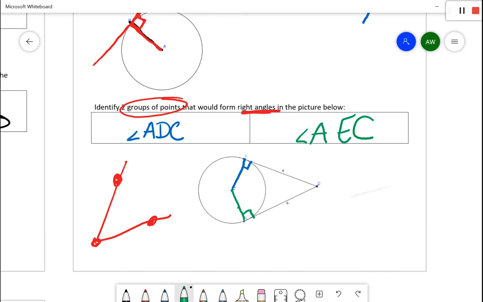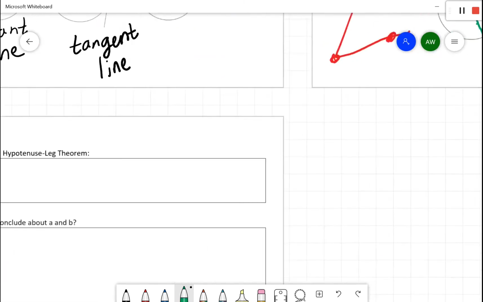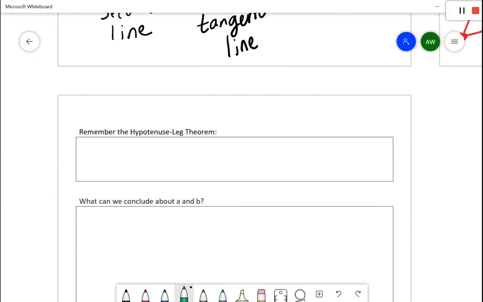All right, so we're going to talk about a theorem that we're going to have to remember a little bit. And then we're going to refer back to that picture that we were looking at before and see if we can make any conclusions. So first we need to remember the hypotenuse leg theorem, which is from a while ago. This is from Module 2 when we were talking about congruence of triangles.